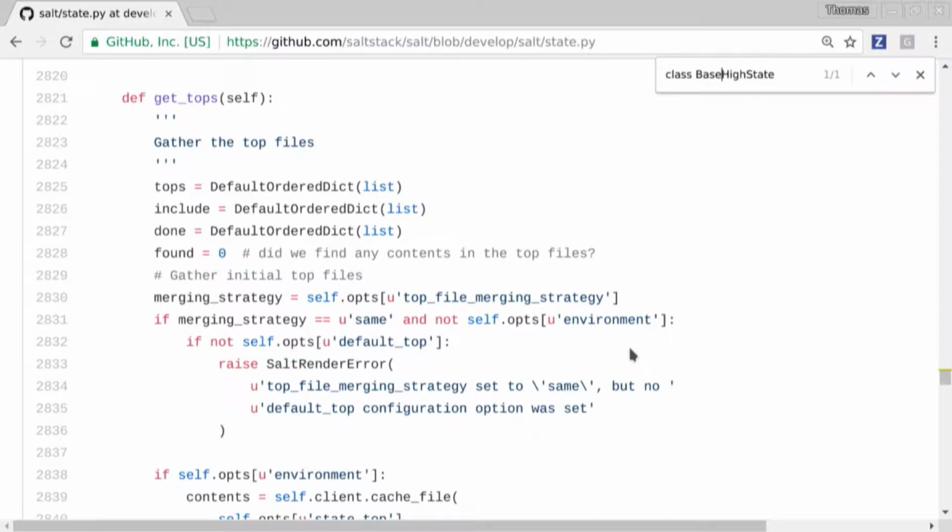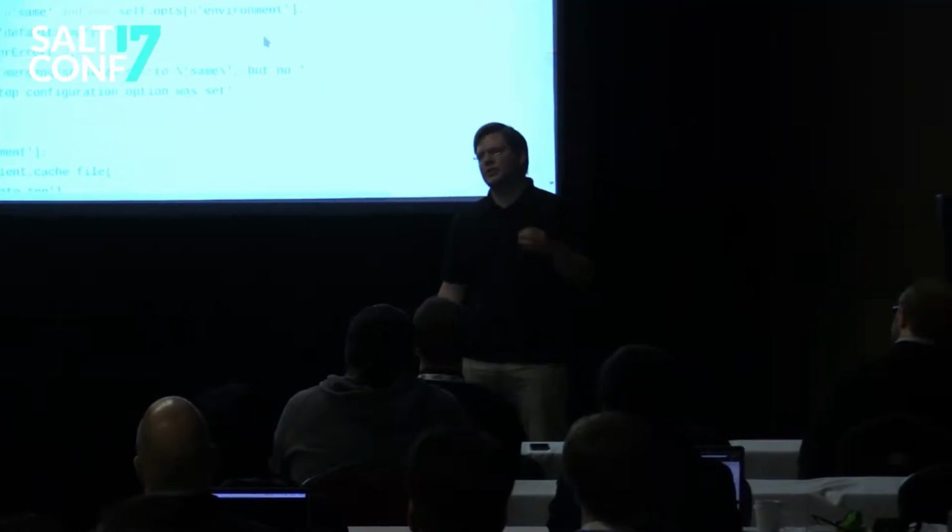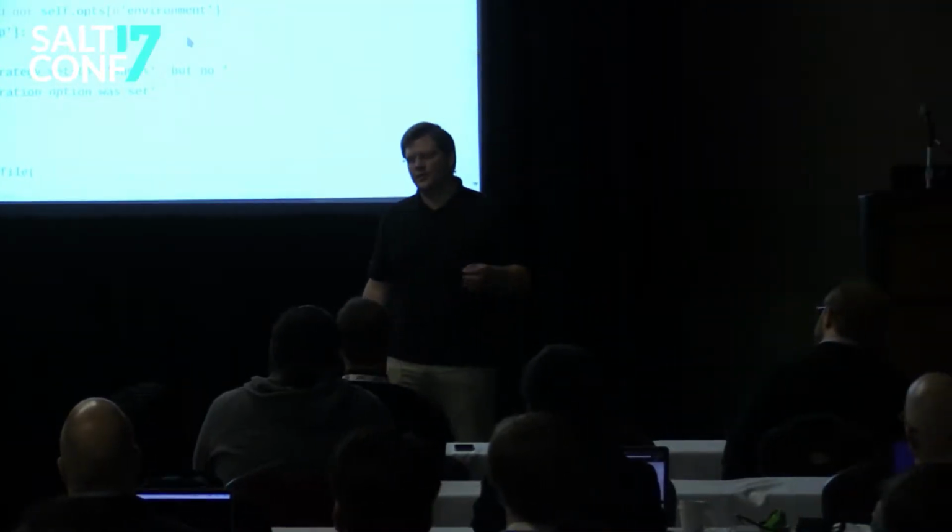One of the first things to look at is the top file. Now, one of the main arguments that people give me about the top file over and over again is that they come back and they say, why are you creating environments inside of the top file, and we don't think that your environments make any sense?